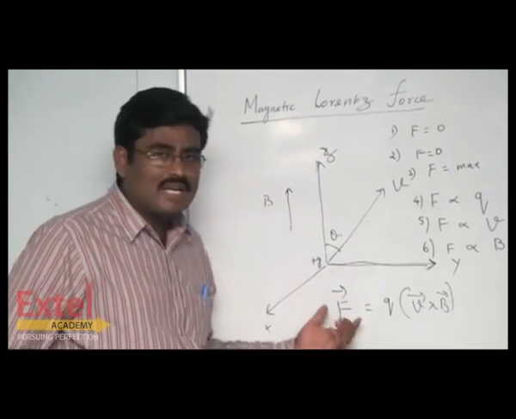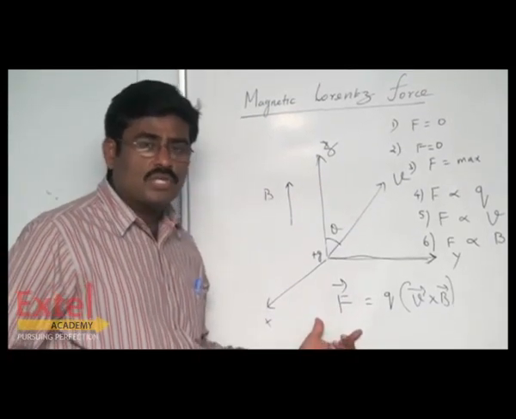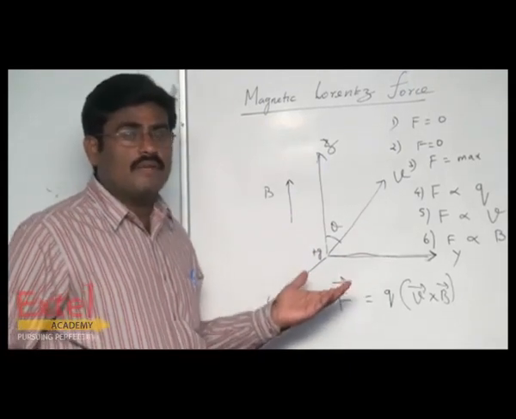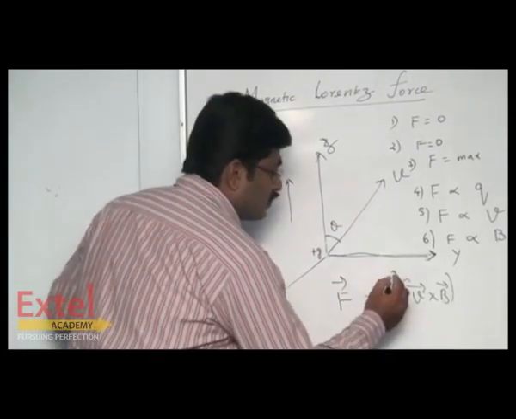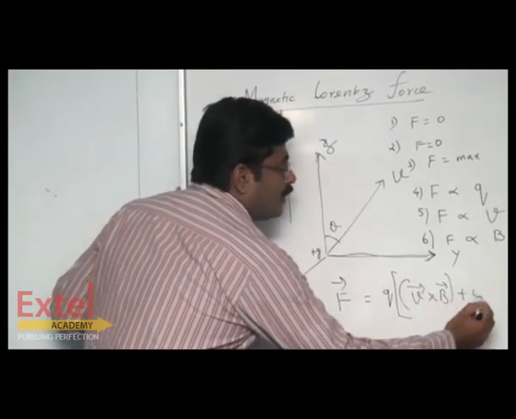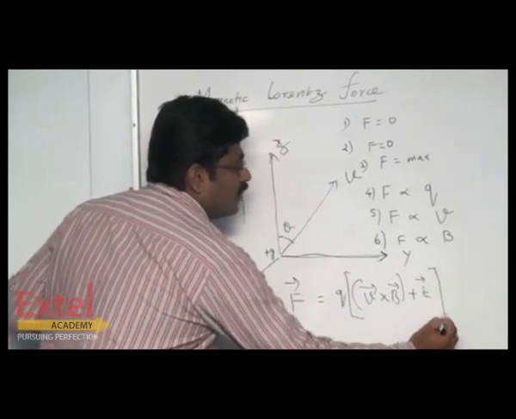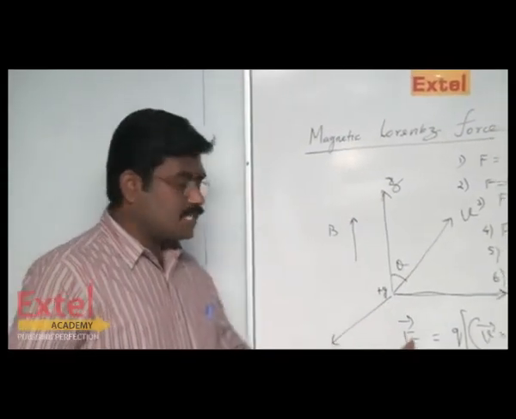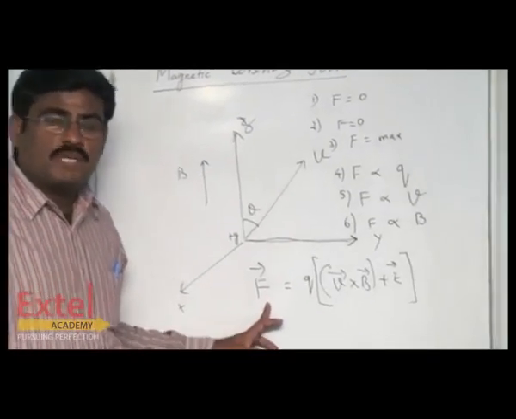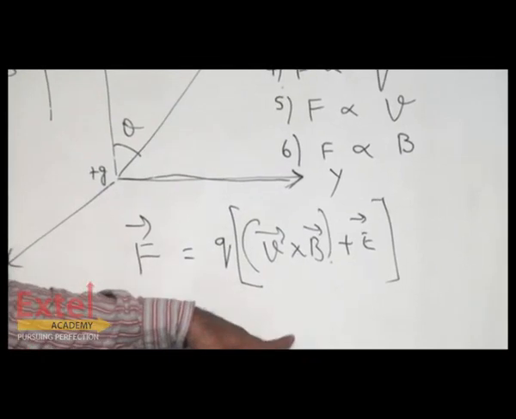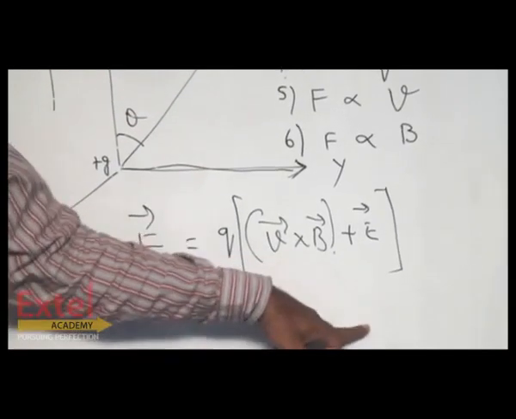How will you write the Lorentz force when the electric field is also applied along with the uniform magnetic field? Very simple. You just take the q out and add the electric field term as I am writing. So this is the Lorentz force experienced by the charged particle when it moves in the presence of both uniform magnetic and electric field.